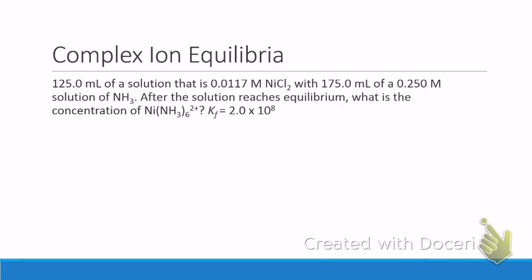So next we're going to look at some specific examples of complex ion equilibria and the concentrations of species that will be present in those solutions. So for example, we'll start with 125 milliliters of a solution that is 0.0117 molar nickel chloride, and that's going to be mixed with 175 milliliters of a 0.25 molar ammonia solution.